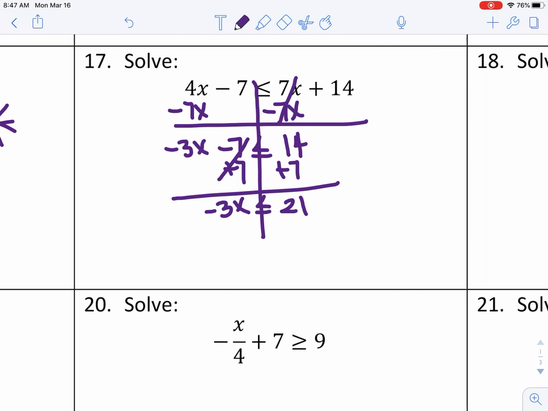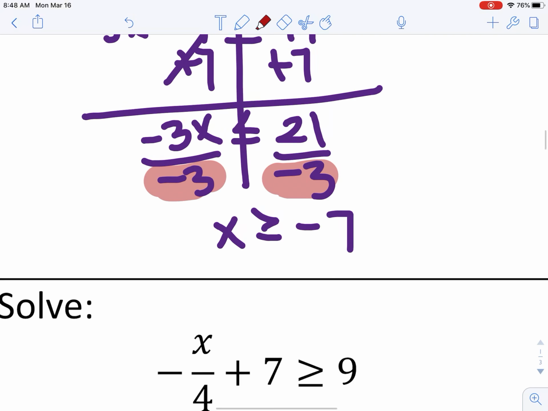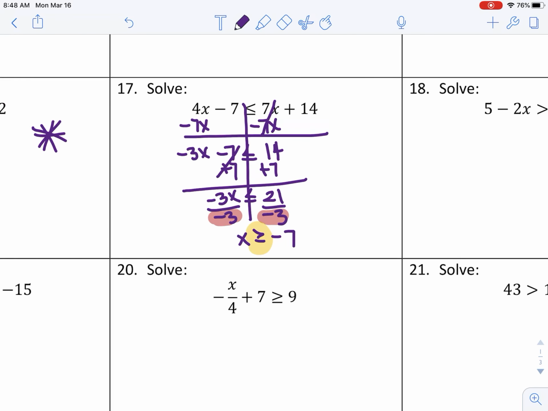At this step, the rule is when you divide by a negative, which this is a negative, then your answer has a flipped inequality. So notice here that I flipped the inequality. So make yourself a note.